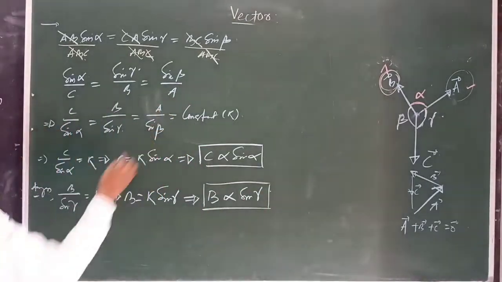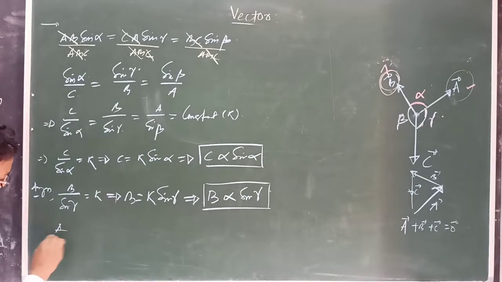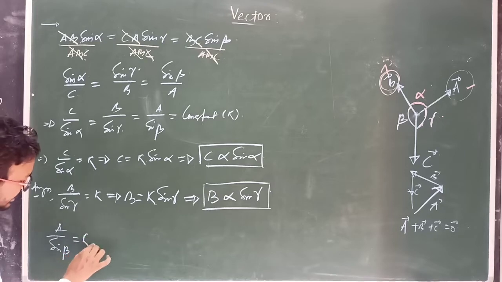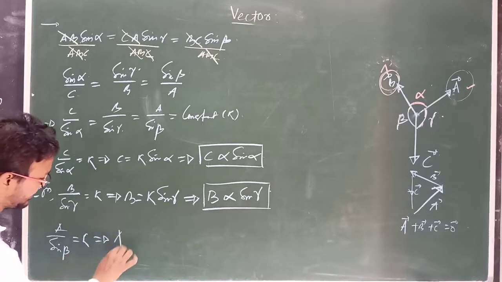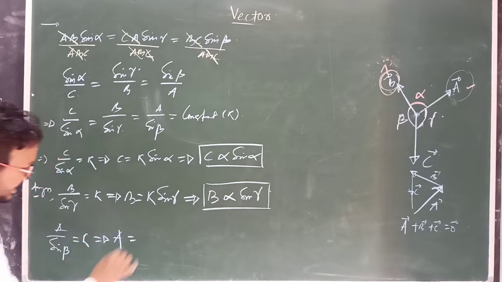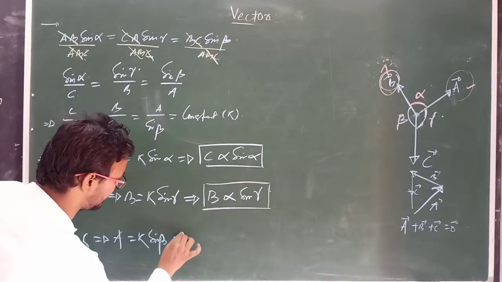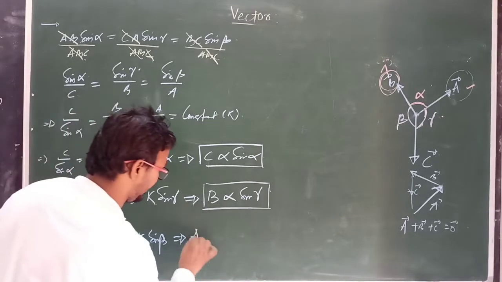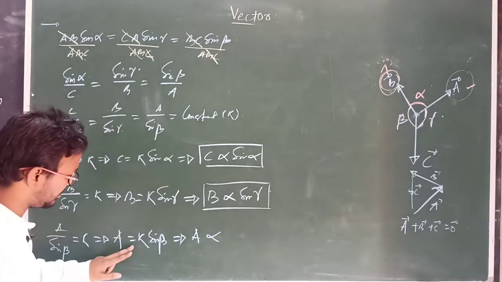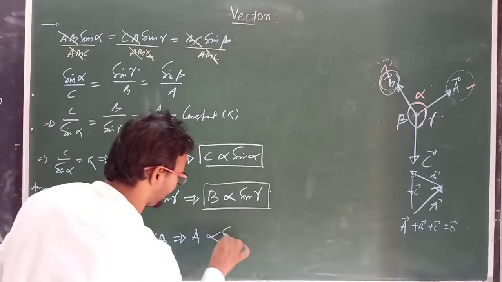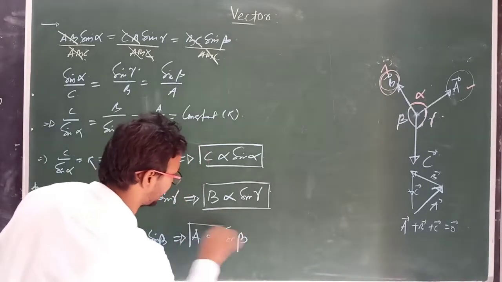And again A by sin beta equals the constant K, which implies that A equals K times sin beta, so A is directly proportional to sin beta.